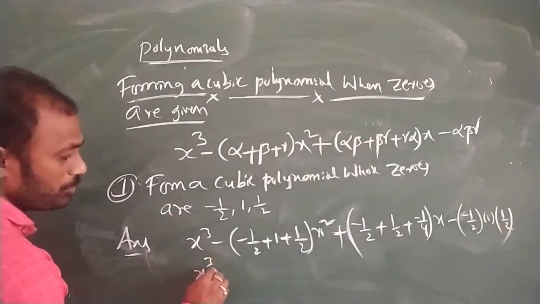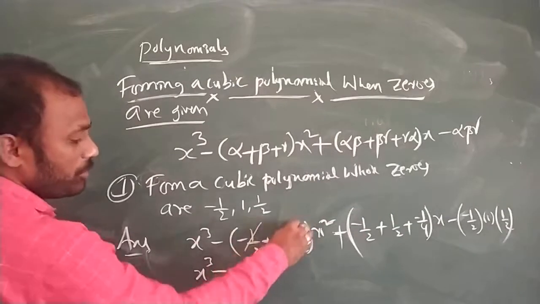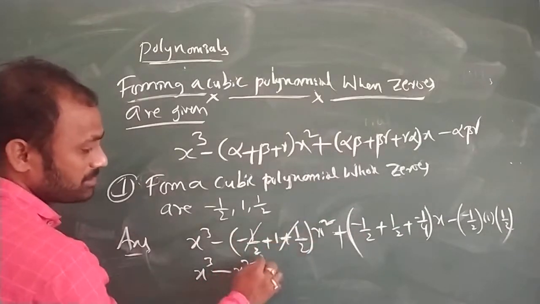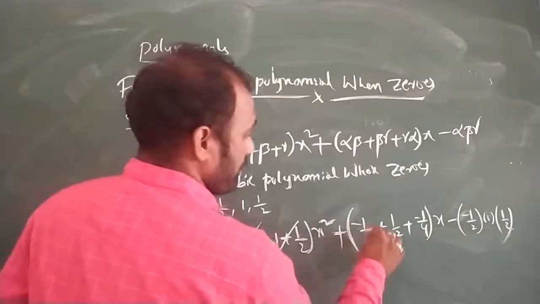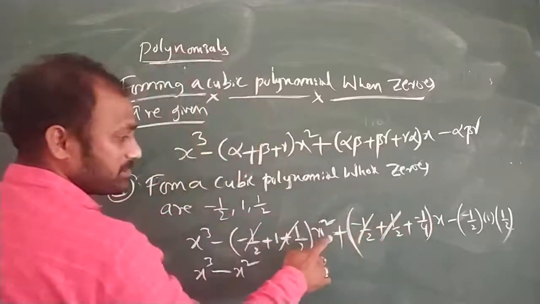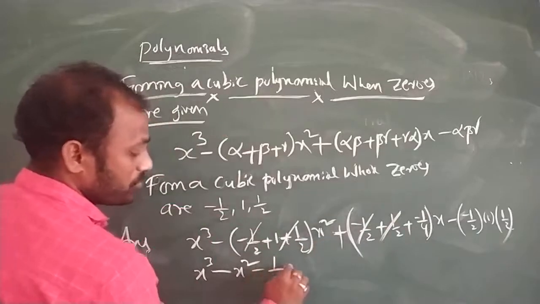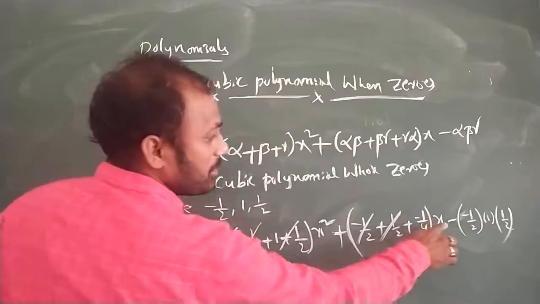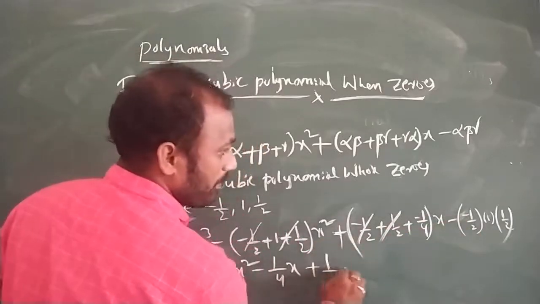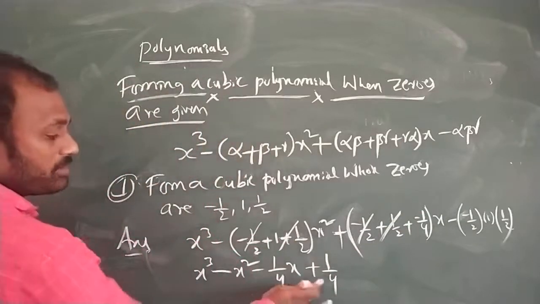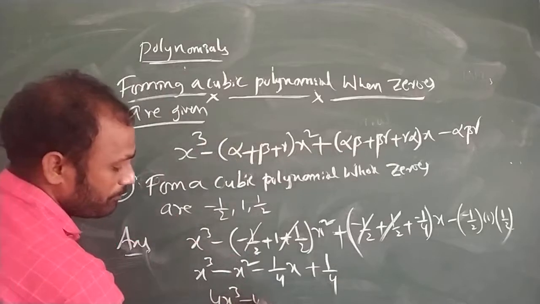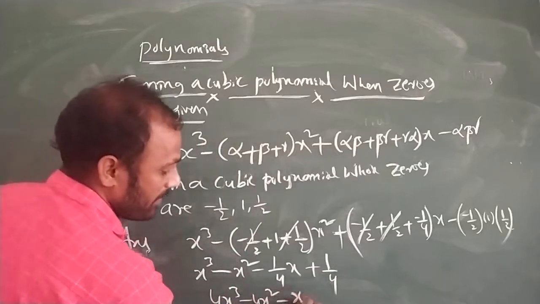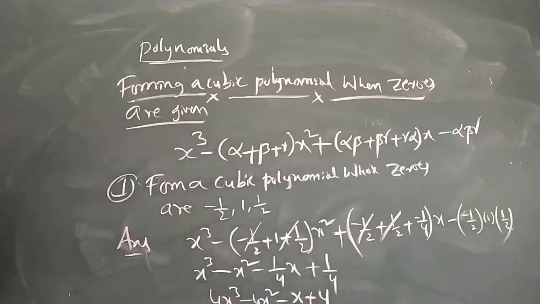So x cube minus, minus 1 by 2 plus 1 by 2 gets cancelled, it will be minus x square, 1 into x square is x square. Here also minus 1 by 2 plus 1 by 2 gets cancelled. So plus minus 1 by 4 x, minus into minus, plus 1 by 4. Here 4 is the LCM. So the polynomial will become 4x cube minus 4x square minus x plus 4.